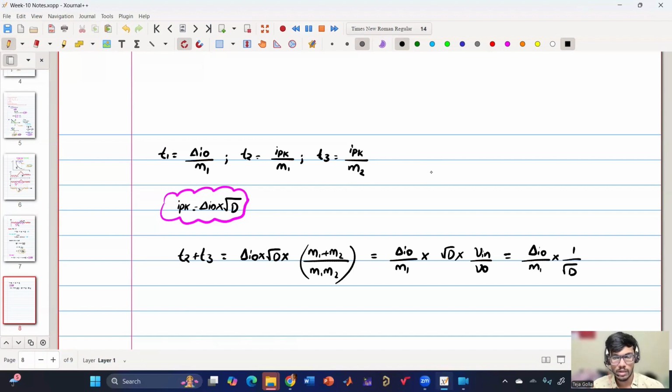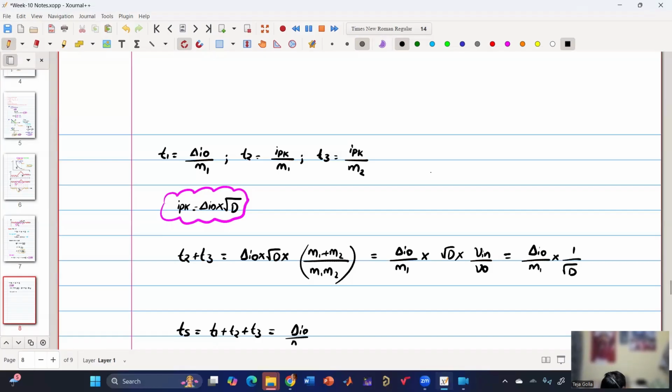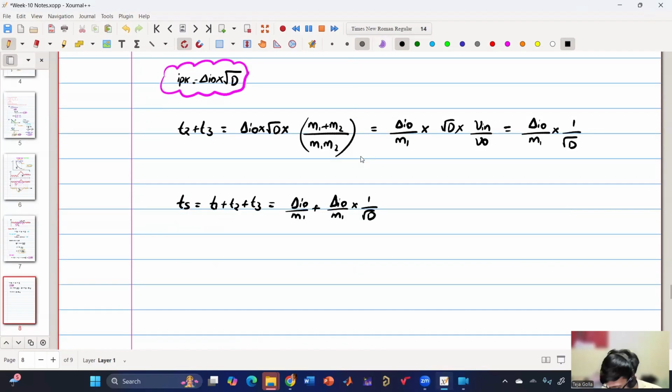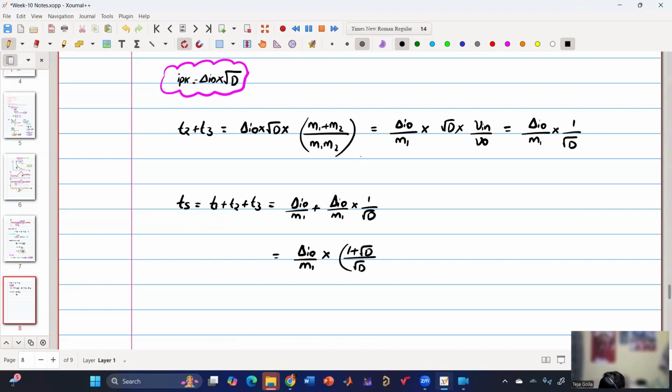Yes, sir. Okay. So now let us calculate the settling time TS, which is T1 plus T2 plus T3. T1 is delta I naught by M1, and this is delta I naught by M1 into 1 by root D. So now if we take delta I naught by M1, we'll get 1 plus root D by root D. Now let us calculate what M1 is.